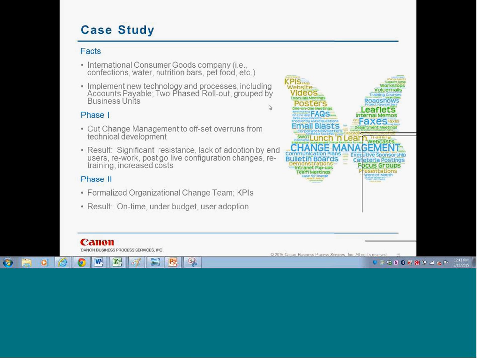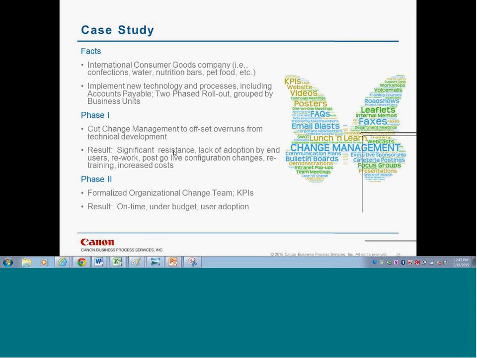There was resistance to adoption by the end users, there was rework, there were post-go-live configuration changes because you didn't have the right people engaged in the design and in the user acceptance testing. Until people went live, they found things that weren't configured properly. There was retraining, and the irony is change management was cut to offset budget overruns and resulted in costs that even exceeded those overruns. So it didn't help.